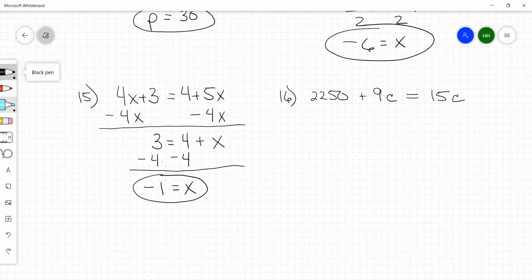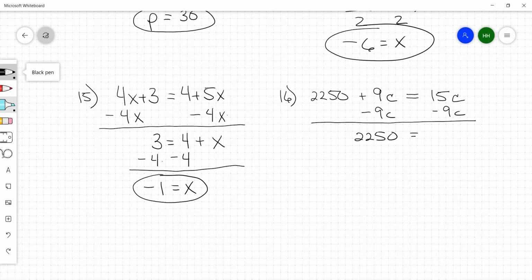So the first thing we got to do here is find out how many cameras they got to sell each day to break even. So if we subtract the 9C from each side, then our 2250 equals, we're going to find out the first question, how many cameras must the company sell in a day to equal its daily cost?